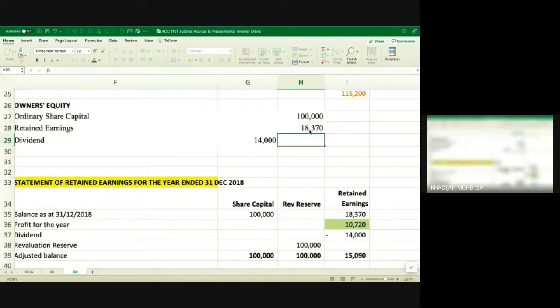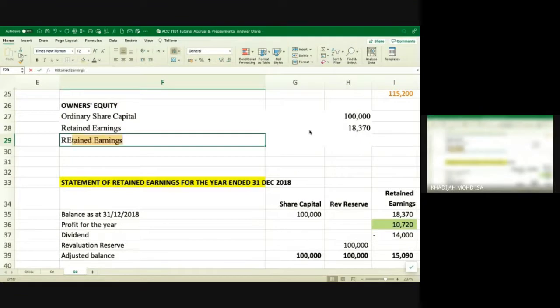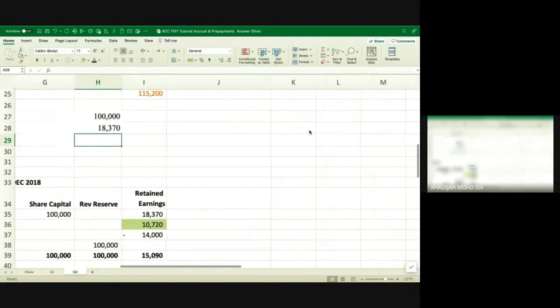But I will just type in my retained earning to be 18,370. And then my dividend remains, retained earning is already there. Right. And then I have revaluation reserve of 100,000.